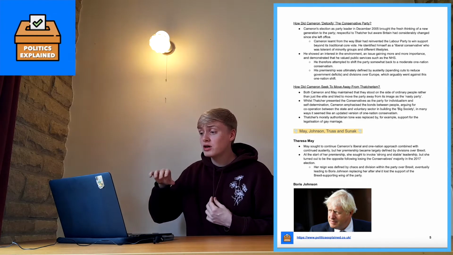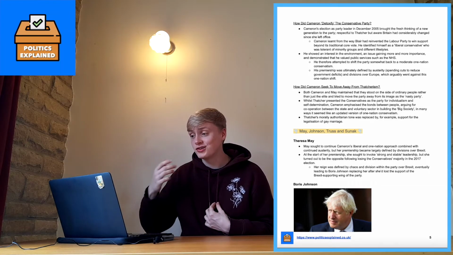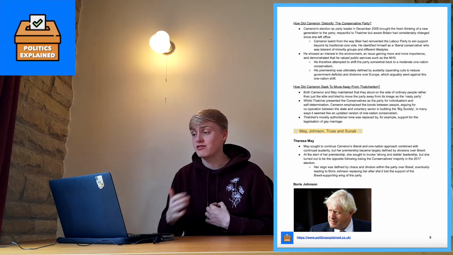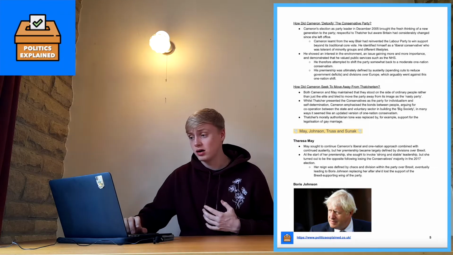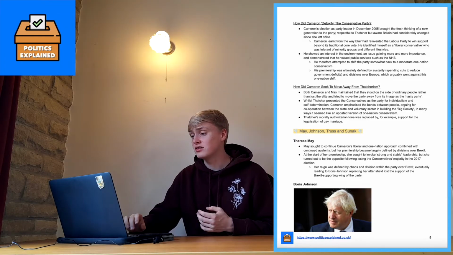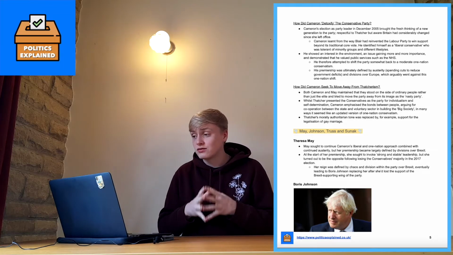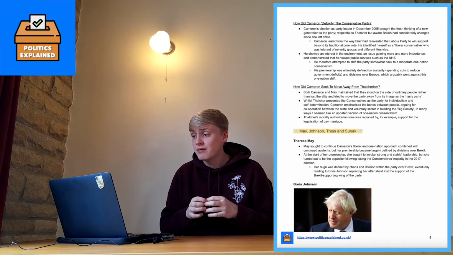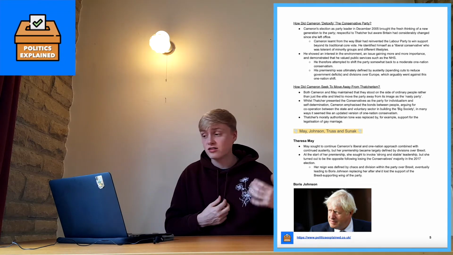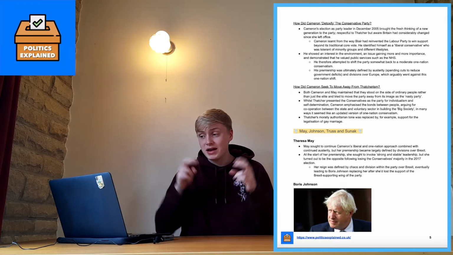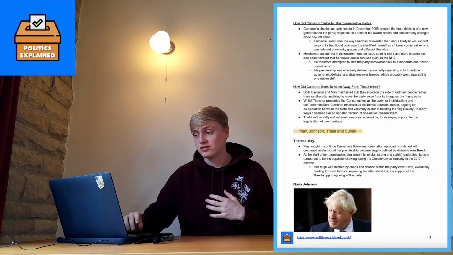Both Cameron and May, who followed Cameron, maintained they stood on the side of ordinary people rather than just the elite, and tried to move the party away from this image as the nasty party, which Thatcher gained for the party. Whilst Thatcher presented the Conservatives as the party of individualism and self-determination, Cameron emphasised the bonds between people, arguing for cooperation between the state and charities and the voluntary sector, including building a big society, which, as I said, in many ways seems like an updating of one nation conservatism.